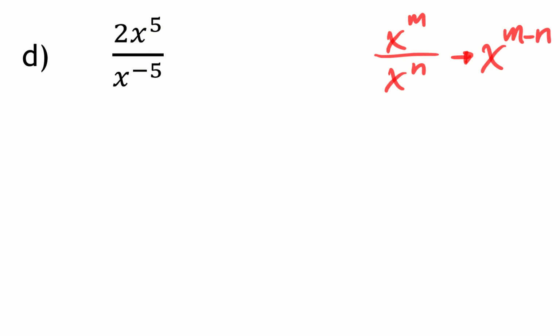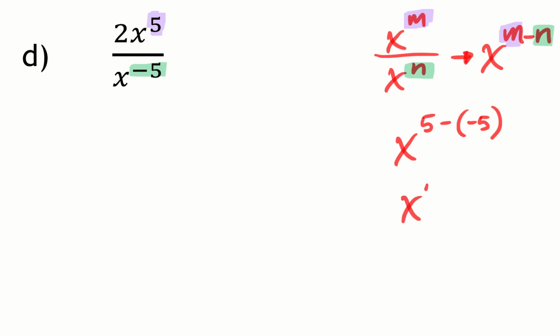So if I look at this, playing the part of m is the number 5. And playing the part of n is the number negative 5. So I could just say, hey, this is going to be the same as x to the 5 minus a negative 5. 5 minus negative 5 is 10.